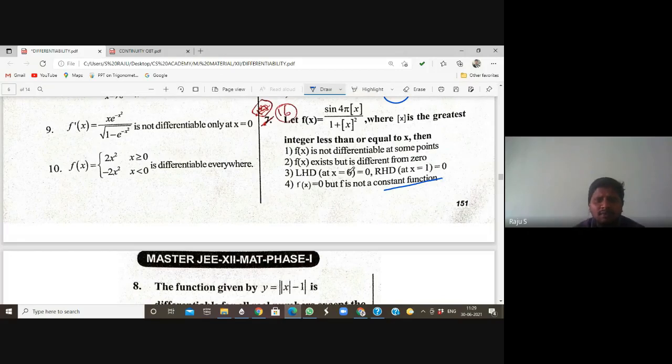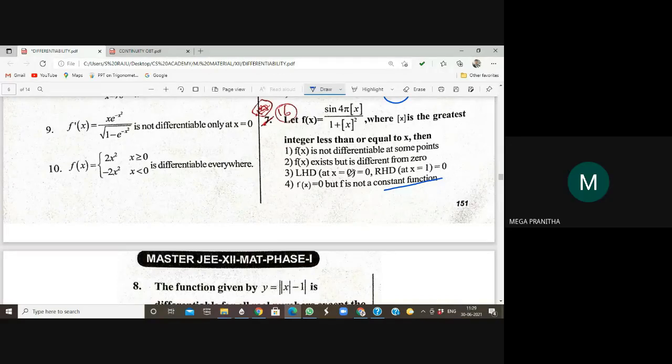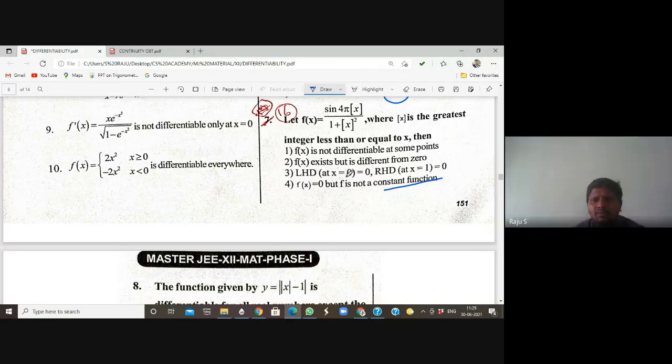What is the answer? Which one of the following options is correct? Option B, the third option. Why the third option? They gave the third option, left hand derivative at x equal to 0.